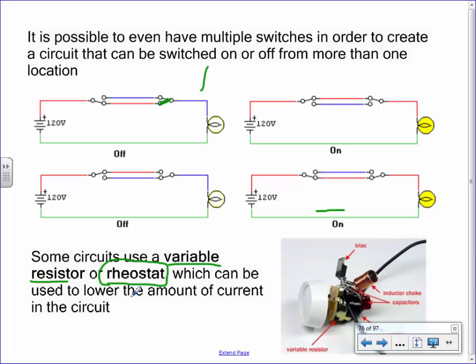As soon as I press the dimmer on the switch, this is really important. As soon as I moved the dimmer switch down, I increased the resistance. It made it harder for the electrons to move.